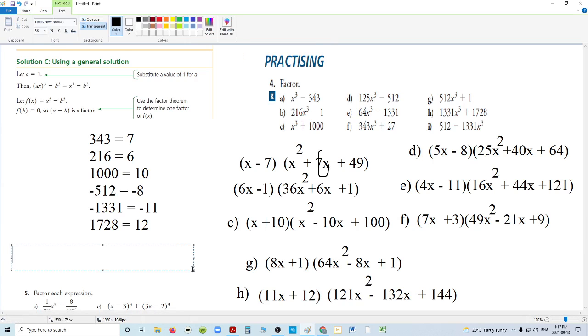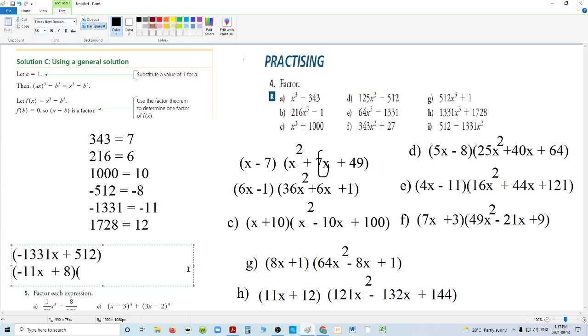And the last one, they've put it in a different order just to have the negative second. I'm just going to put it in the right order. So we discovered minus 1331 is that. And up above we discovered 512 is 8.